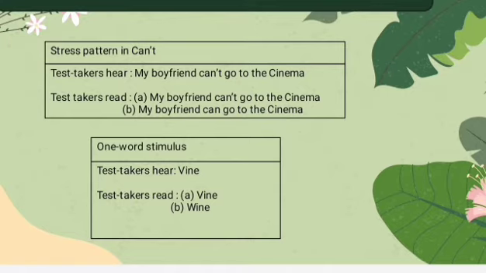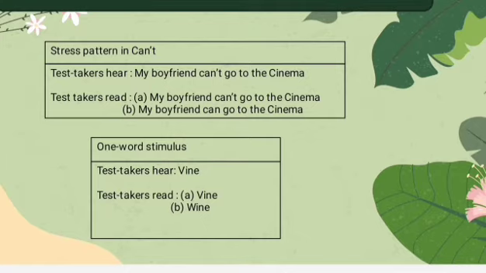Let's take a look at the example. The test taker hears "My boyfriend can't go to the cinema," and then reads two choices: the first, "My boyfriend can go to the cinema," and the second, "My boyfriend can't go to the cinema." The stress pattern can make the test taker a little confused about which choice to select.